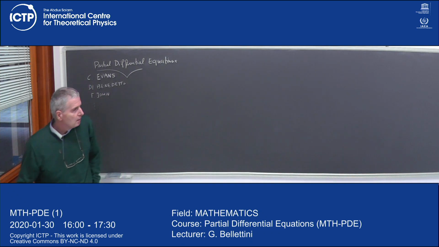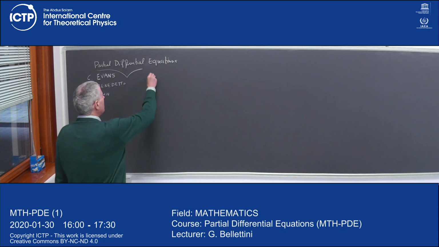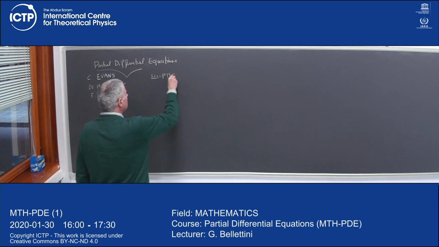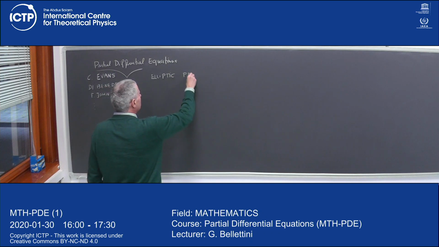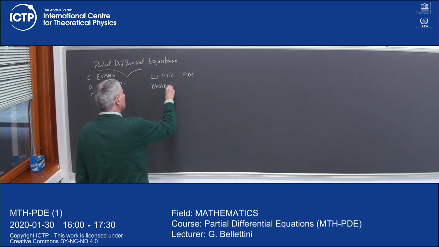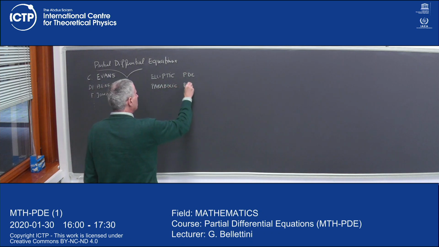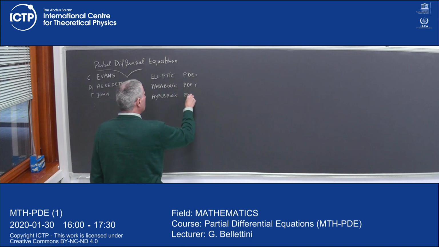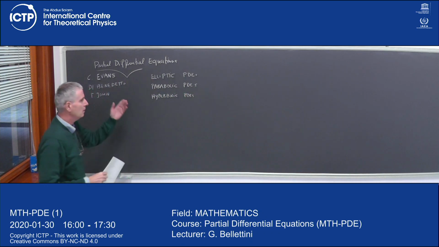And then there are many, so usually people divide roughly, but these are not the only possibilities.